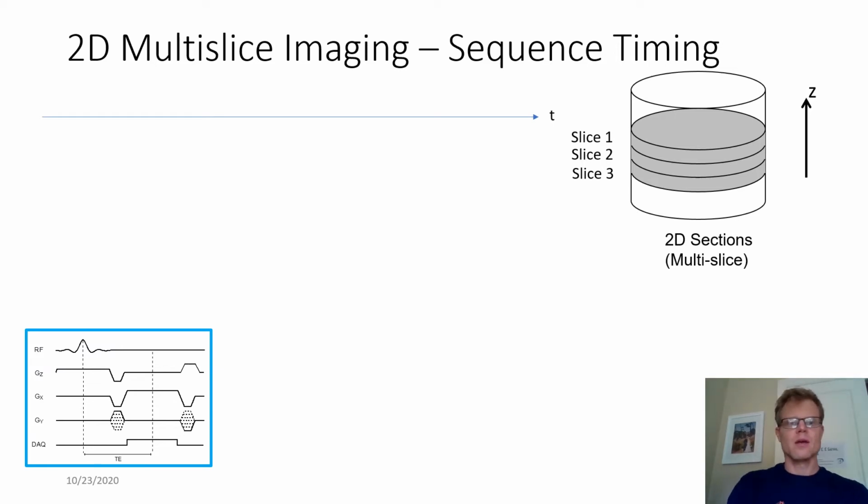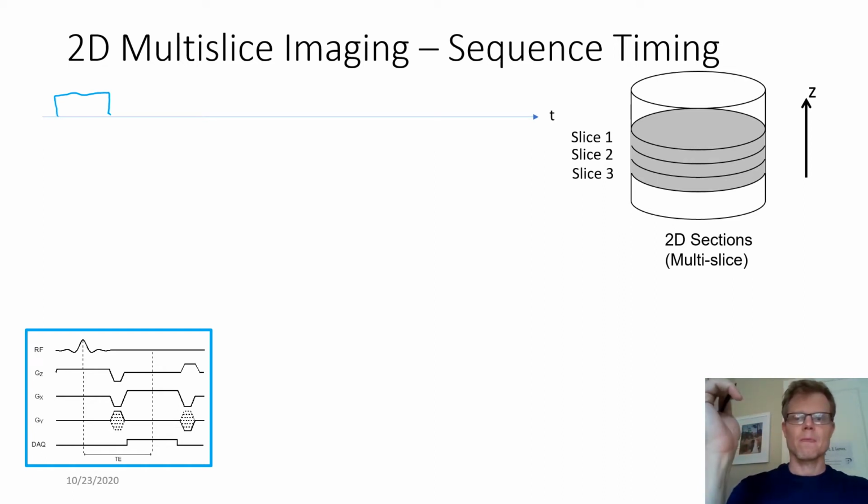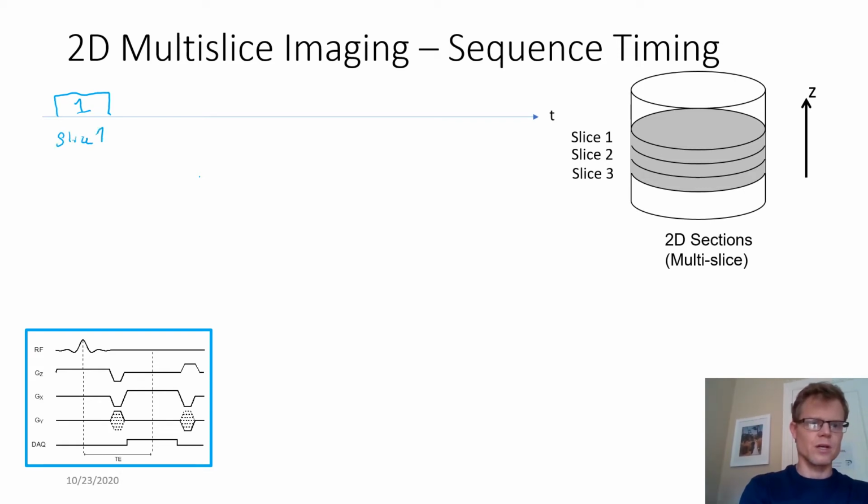I'm going to draw a little box representing that entire unit of the pulse sequence and annotate it with a number here, where this is slice 1.